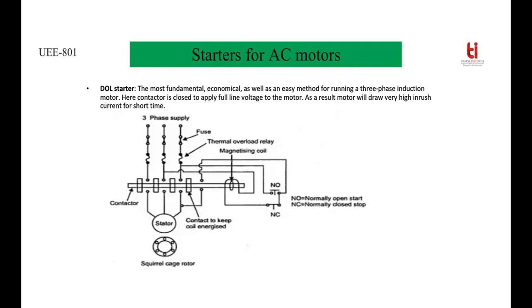Now to start this, initially the normally open position is nothing but a push button. So we have to push this button, then the magnetizing coil will be energized, then the push button will come back to its initial position, and still the magnetizing coil remains energized. The reason is that now the magnetizing coil is getting a path from the stator supply.